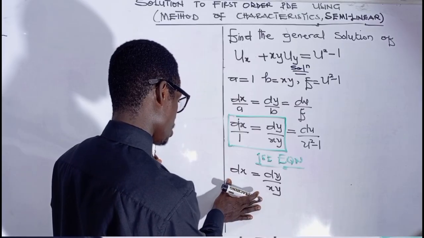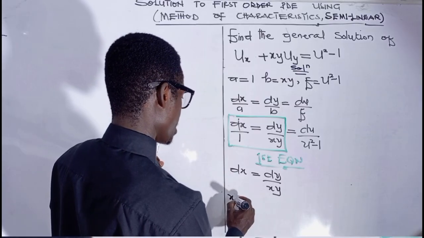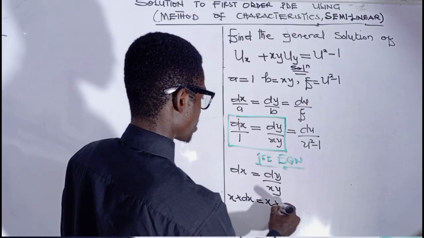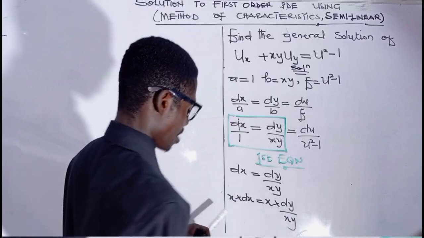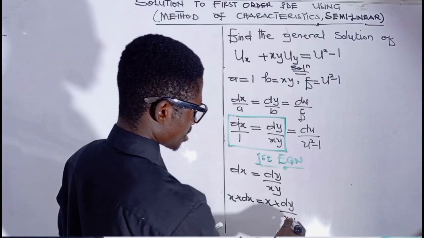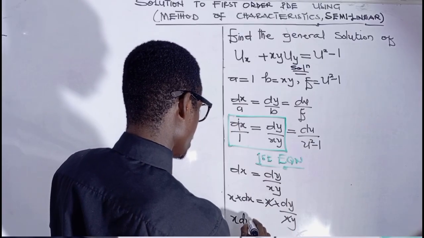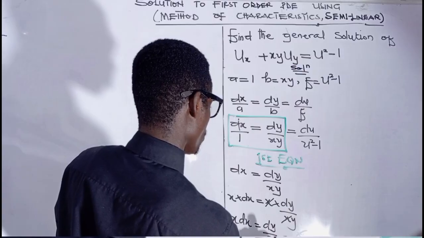So we have x times dx is equal to x times dy all over xy. So from here, you can see that this x will cancel this x. We are left with x dx is equal to dy all over y.